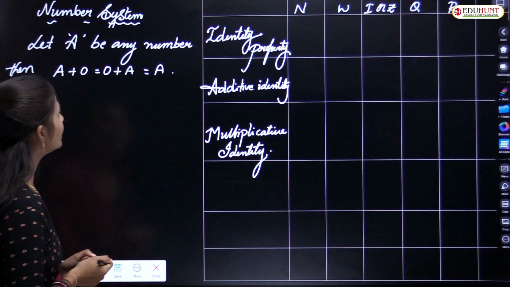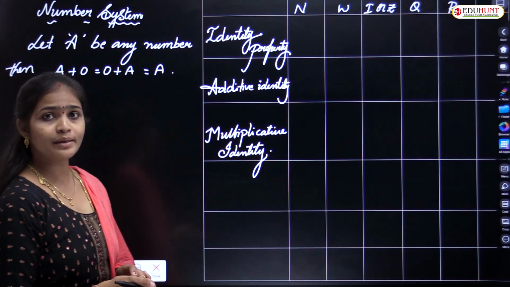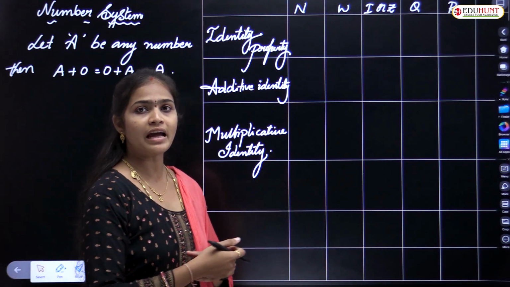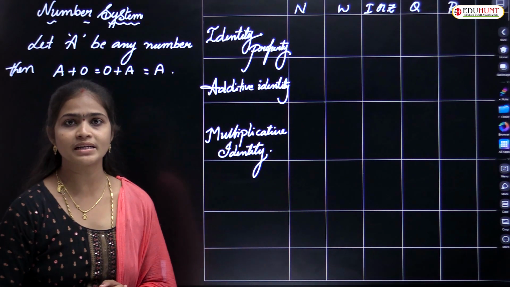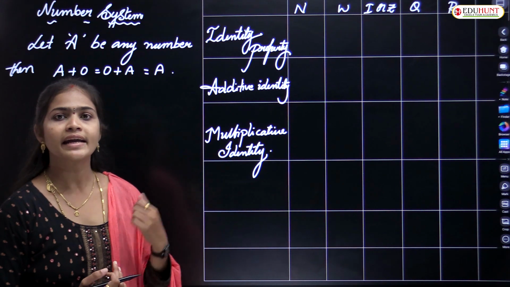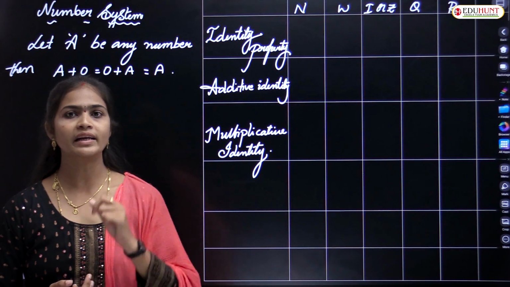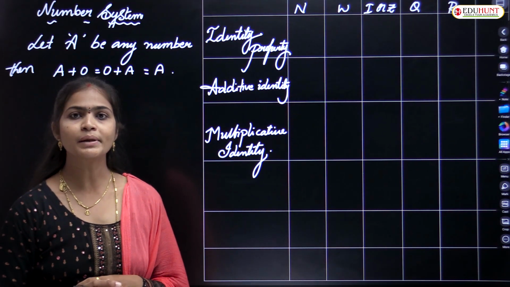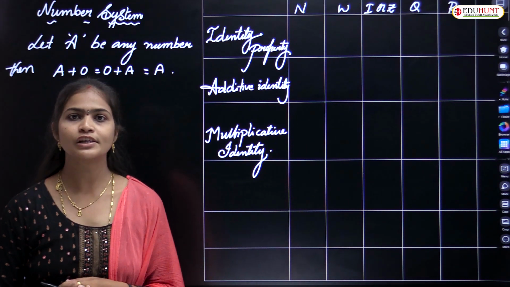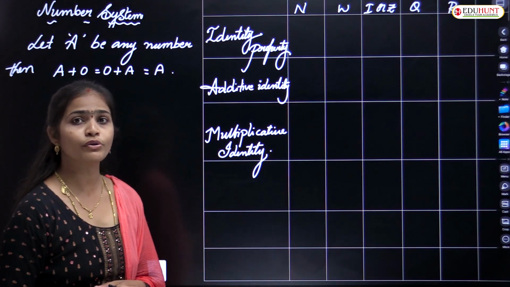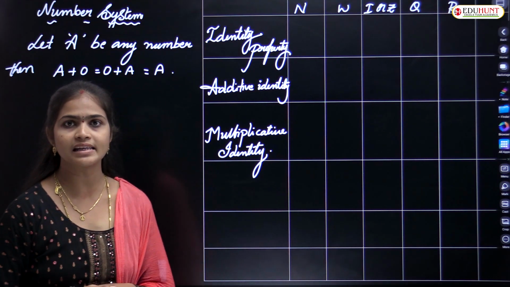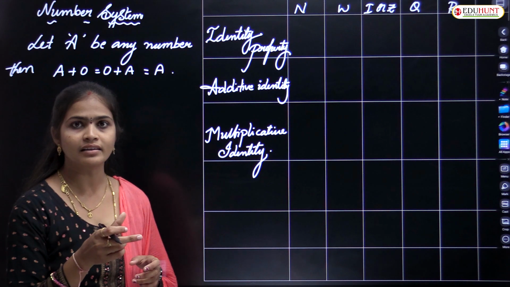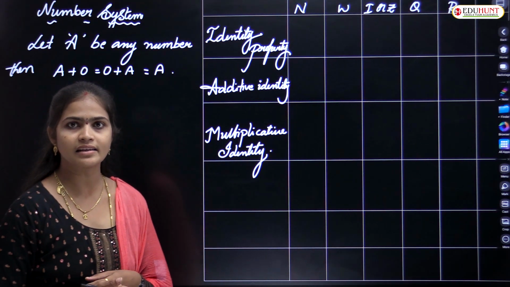So additive identity means the number which, when we add it, we again get the same number itself. This is only possible for one digit, that is 0. Why? Because 0 means nothing, right? 0 is an insignificant digit. If you add 0 to any number, you get that same number as the result.